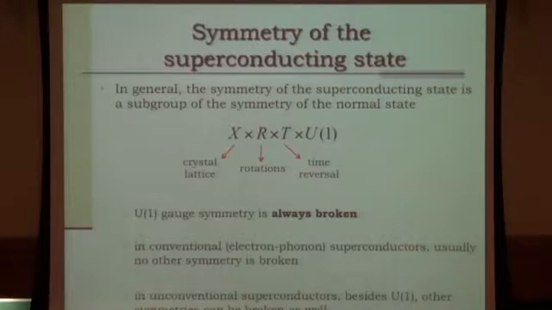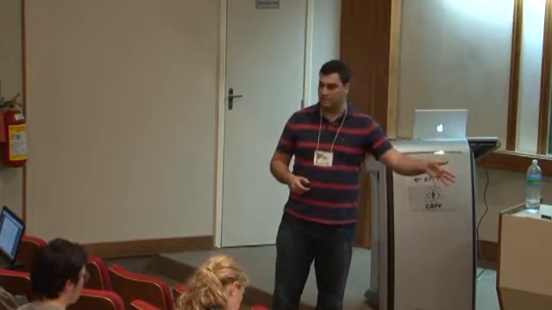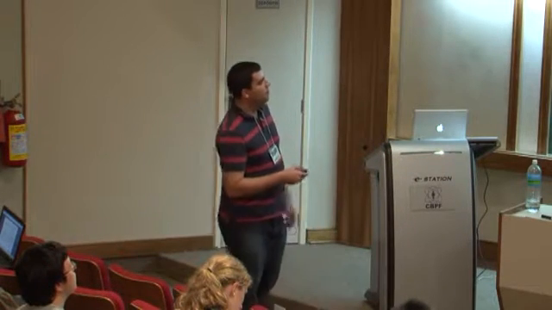And these are the most general operations that you can have. So U(1) symmetry is a gauge symmetry that you always have to break if you want to have superconductivity. And that doesn't matter if you're conventional or unconventional. And I will go back to this point at the end of the talk to see how this is related to supercurrents. Okay? Very good.